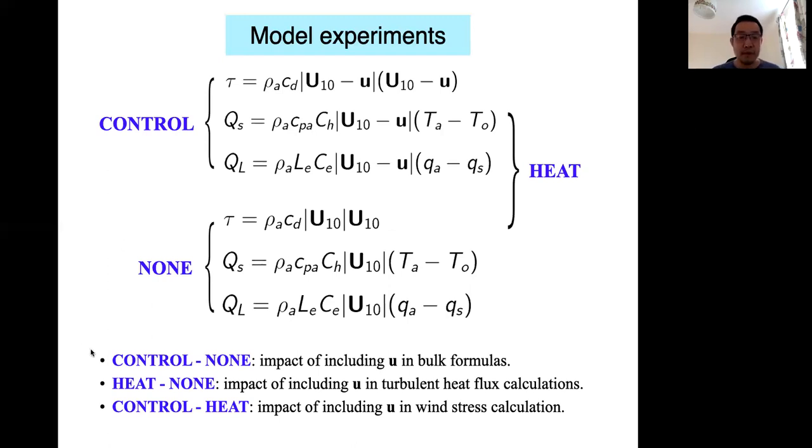For example, the difference between control and none shows us the impact of including ocean surface currents in all 3 turbulent flux calculations. And the difference between control and heat tells us the impact of including ocean surface currents in the wind stress calculation alone. Okay.